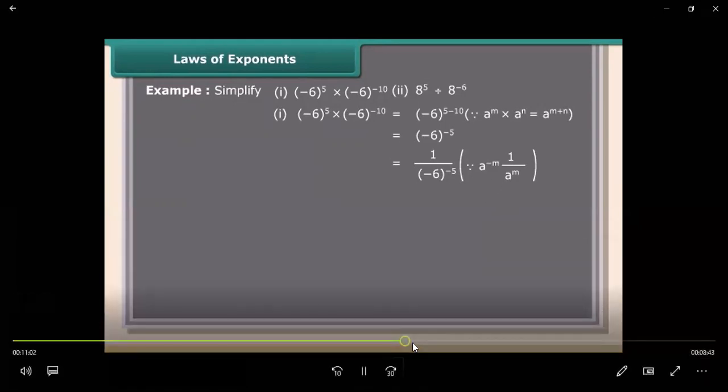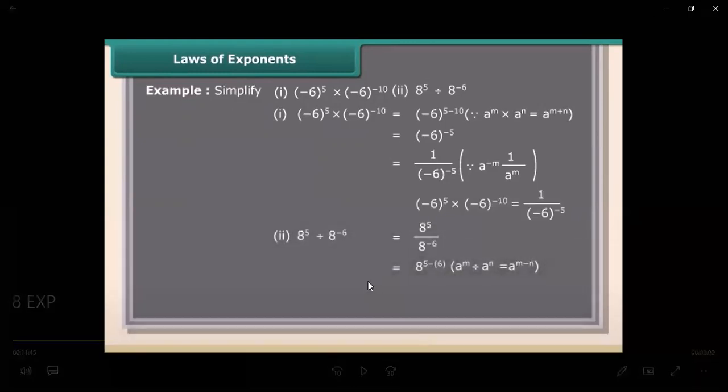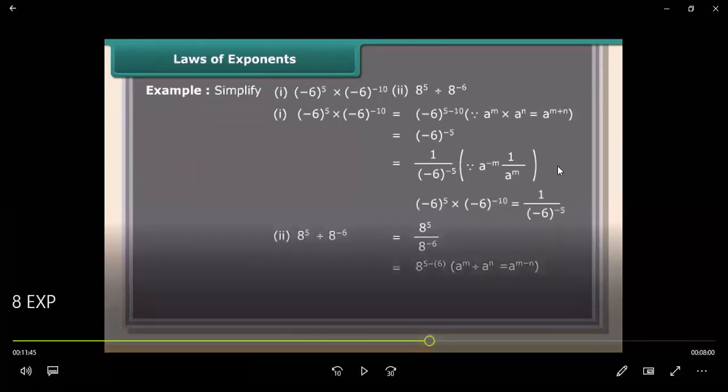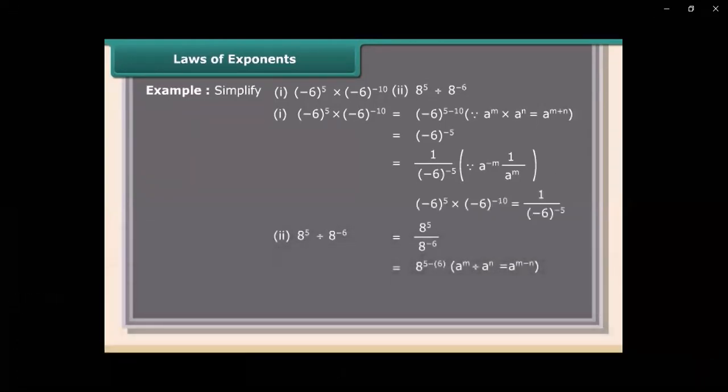Now let's move to the second one, in which the base is 8. So 8 raised to the power 5 divided by 8 raised to the power negative 6 can be written as 8 raised to the power 5 minus negative 6, because we have to subtract the powers. So using the second law, that a raised to the power m by a raised to the power n can be written as a raised to the power m minus n.